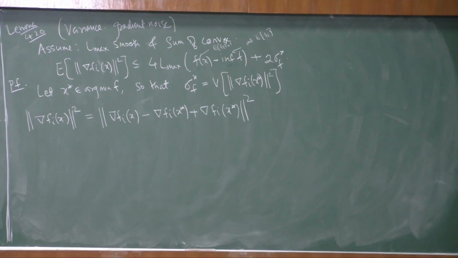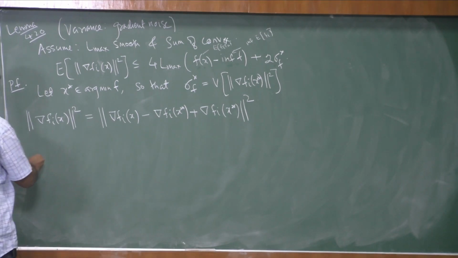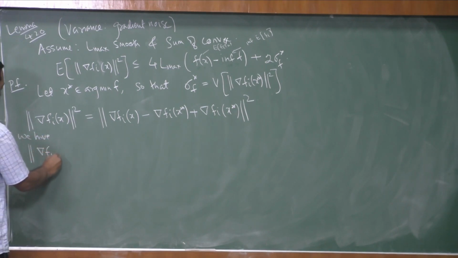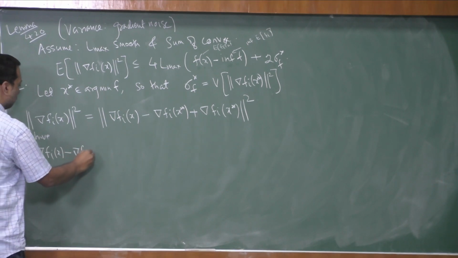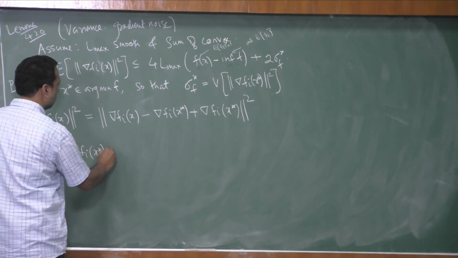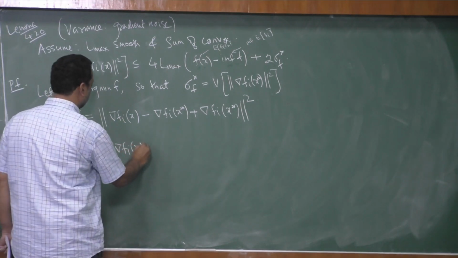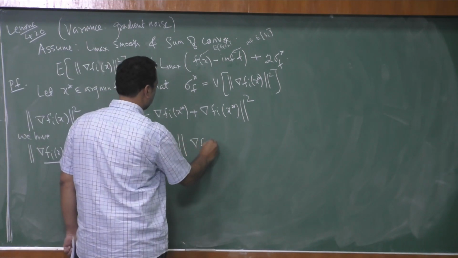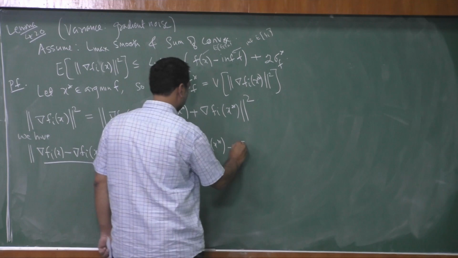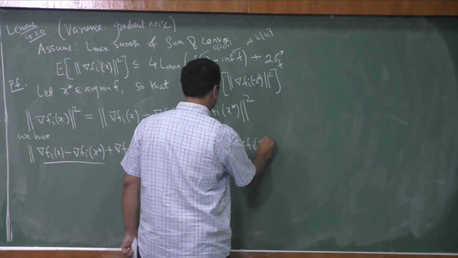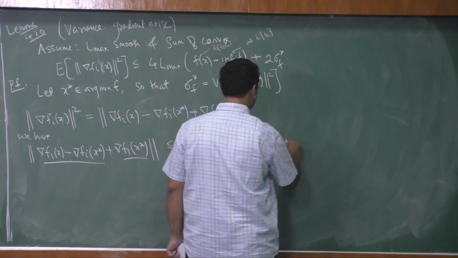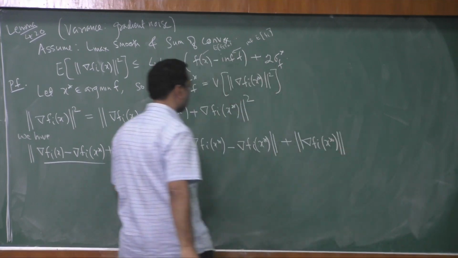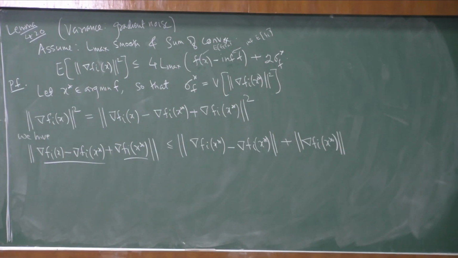So we have the norm of grad fi(x) minus grad fi(x star) plus grad fi(x star), and by the triangle inequality this is less than or equal to the norm of grad fi(x) minus grad fi(x star) plus the norm of grad fi(x star). All right, but then we need a square of that.